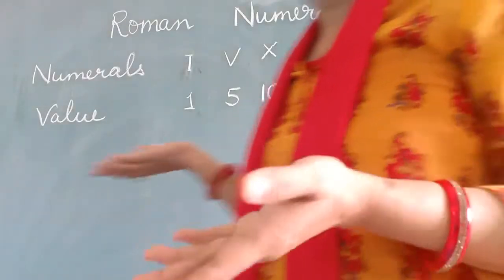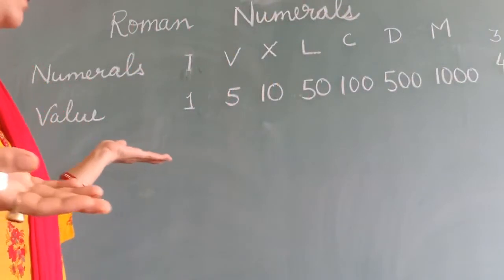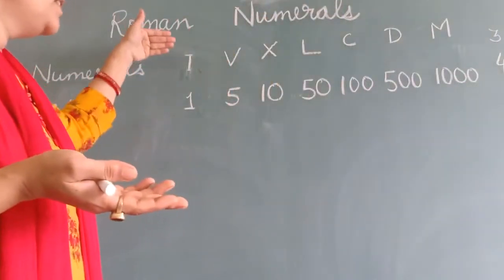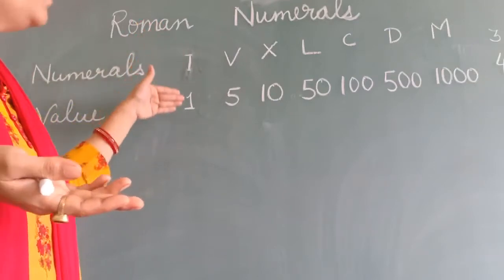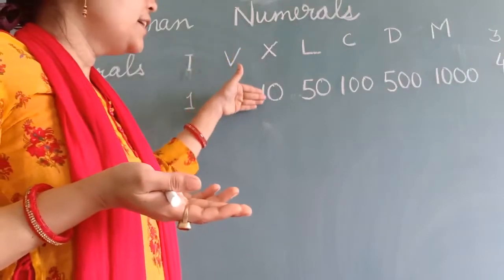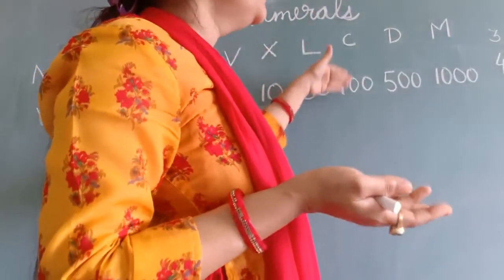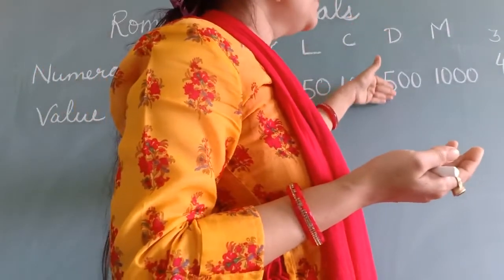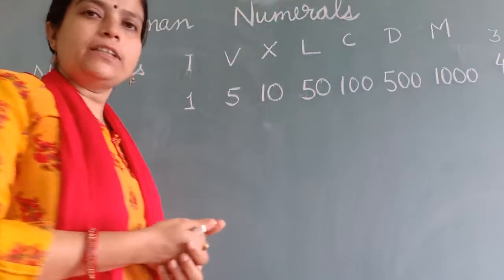Only 7 letters you have to learn, which letter denotes which value. I is equal to 1. V is equal to 5. X is equal to 10. L is equal to 50. C is equal to 100. D is equal to 500 and M is equal to 1000. That much only you have to learn. Very easy work for you.